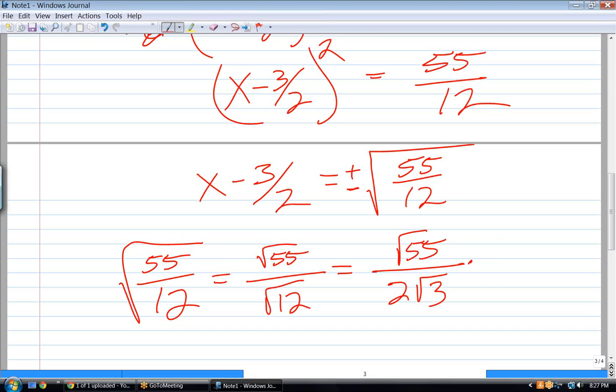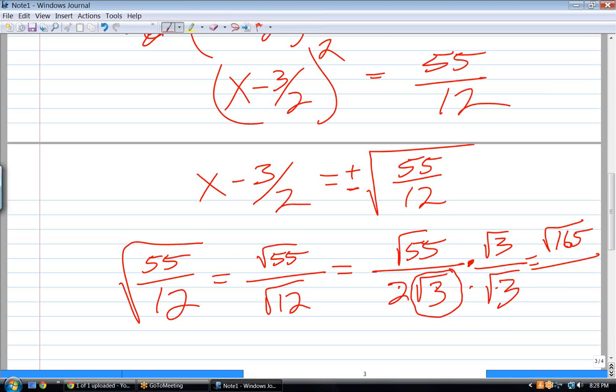Multiply it by the number 1, only what number 1 am I going to use? Root 3 over root 3. Exactly. So now I have root 165 over what? 165 over 2 times square root of 3 times square root of 3.